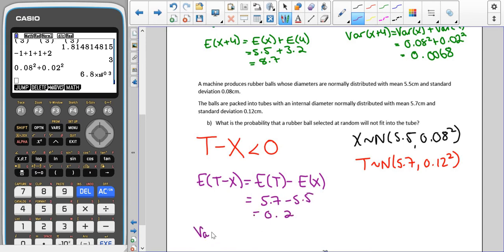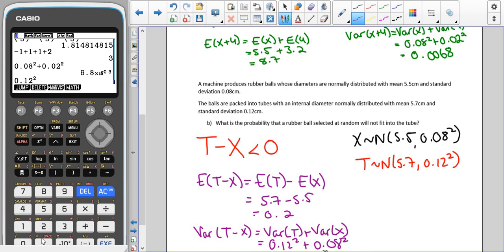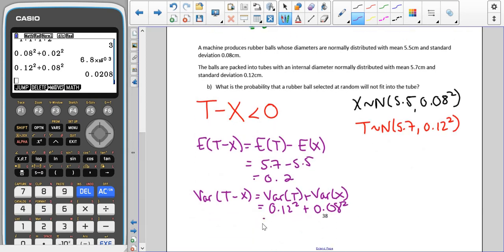For the variance of T minus X, remember that we always add for the variance, so that's going to be the variance of T plus the variance of X, which gives me 0.12 squared plus 0.08 squared, which gives me 0.0208.